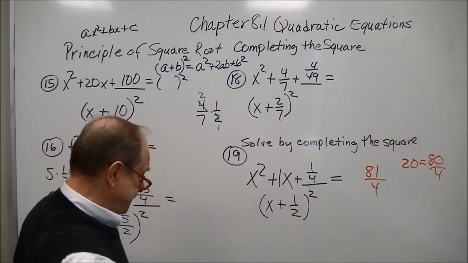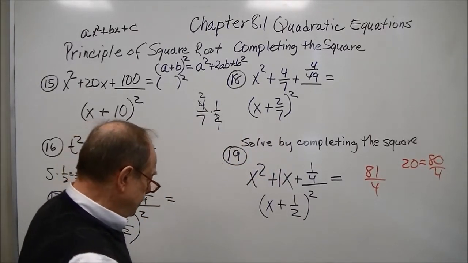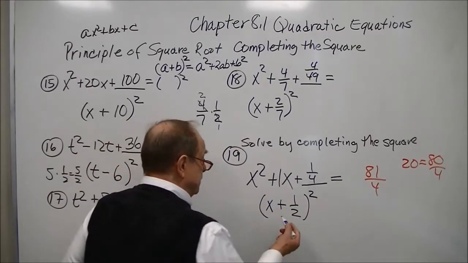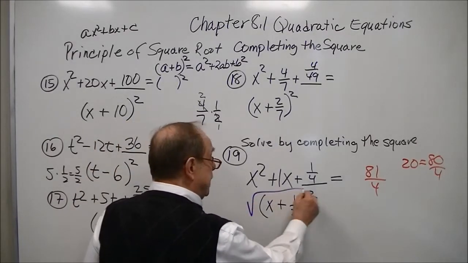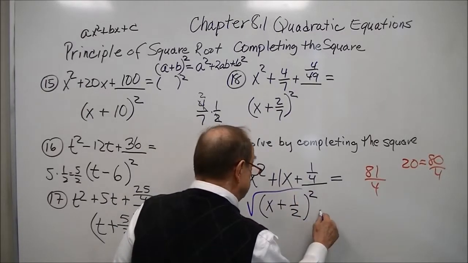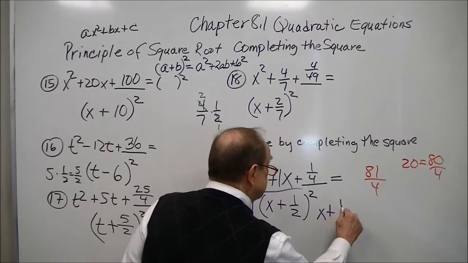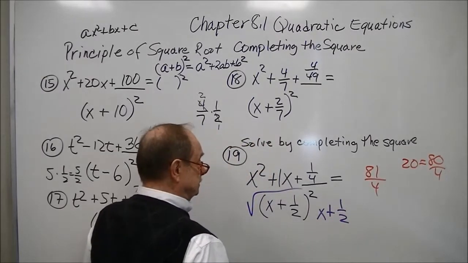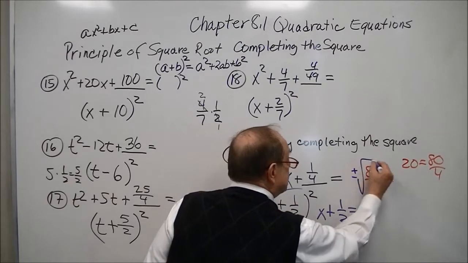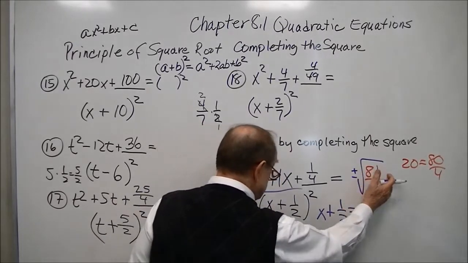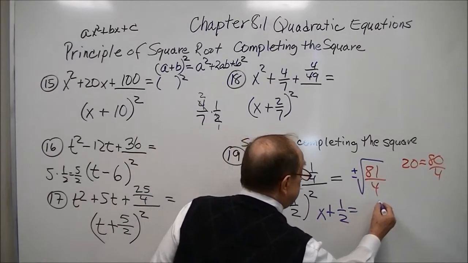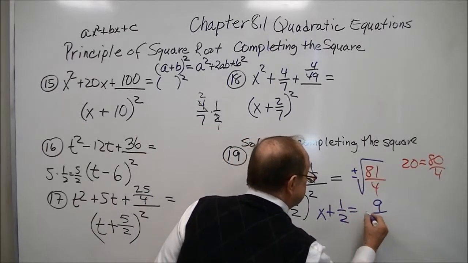Okay. So now what I'm doing is I'm going to take the square root of this, now that I have a binomial squared, and this just becomes x plus 1/2 equals plus or minus the square root of that. Fortunately, they're both perfect squares, so this is going to be 9/2.